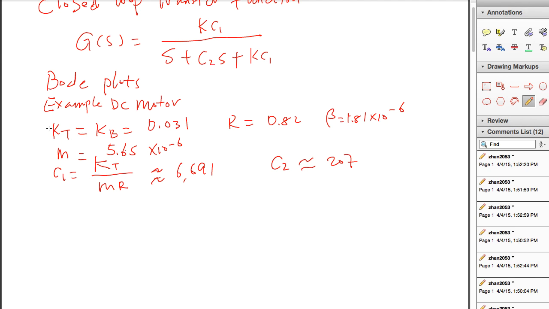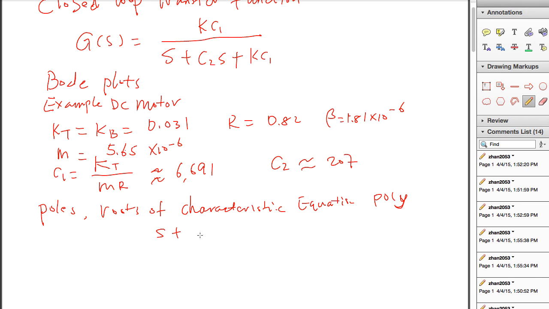Let's say the poles of this system will be roots of the characteristic polynomial, which for this case is s squared plus C2 s plus K C1, right? So we try to find the roots of this.